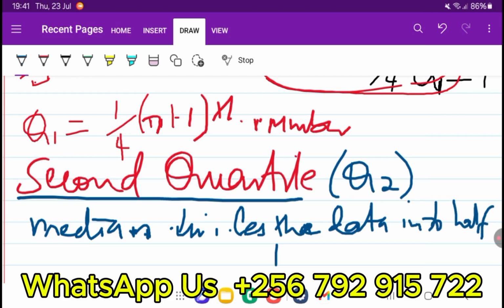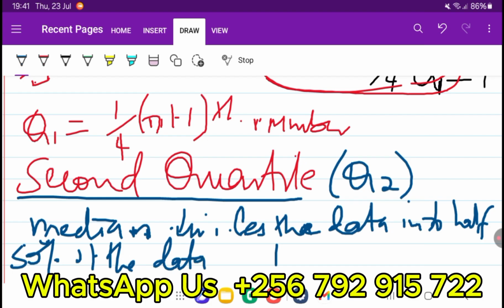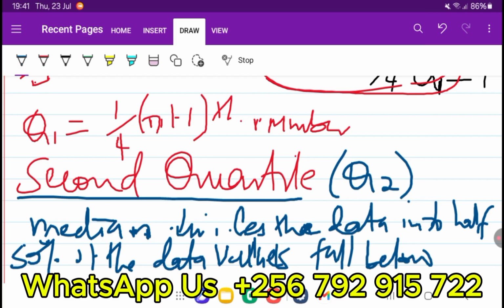So it means that 50% of the data values fall below the median.